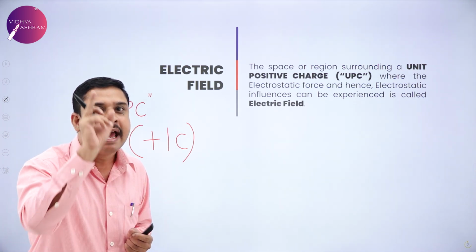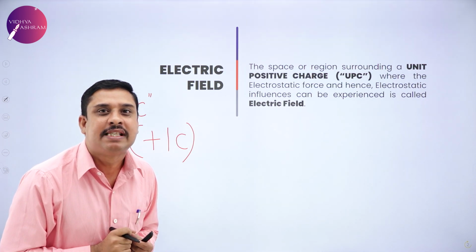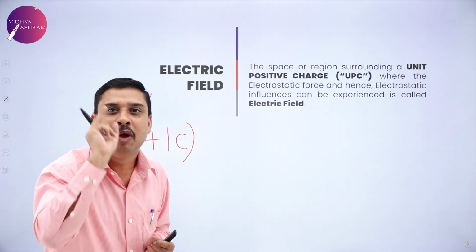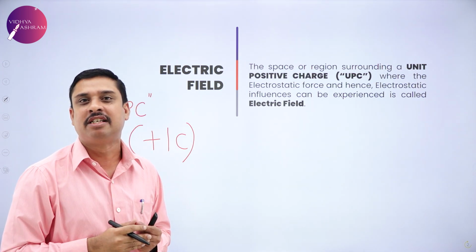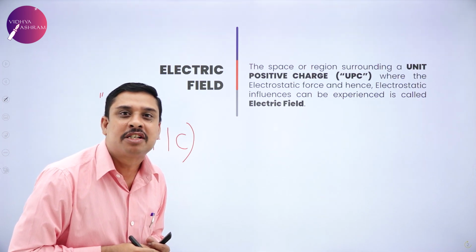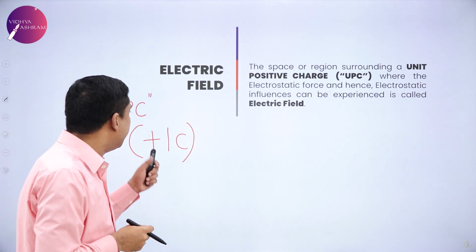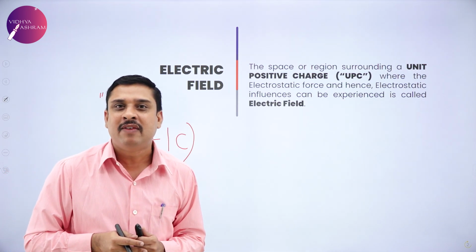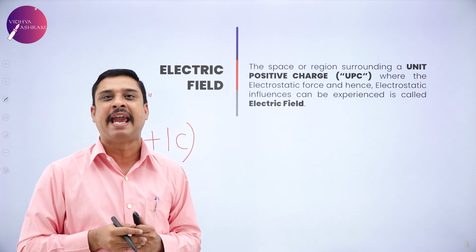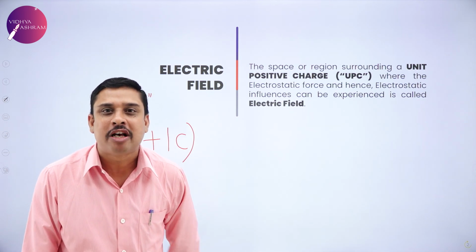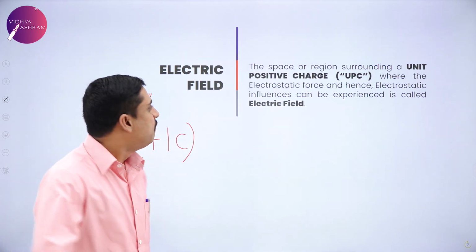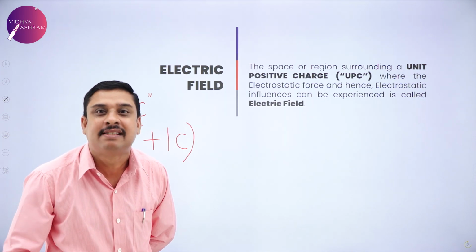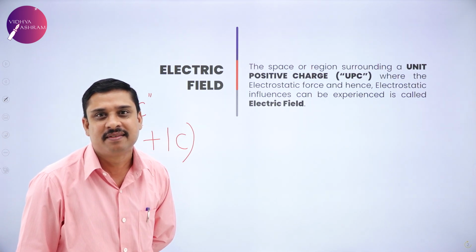So, to summarize, I commonly use the term UPC, unit positive charge, which is a charge whose magnitude is plus 1 coulomb. Now, with reference to this UPC, unit positive charge, we will understand something called an electric field.